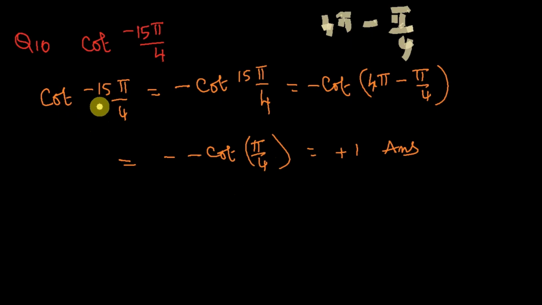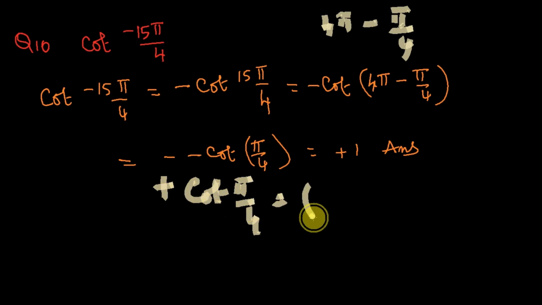So cot of minus 15 pi by 4 is minus cot 15 pi by 4, which is minus cot of 4 pi minus pi by 4, minus of minus cot pi by 4. Cot pi by 4 is 1, so minus of minus 1, minus of minus is plus, cot pi by 4 equals 1. That is the answer.